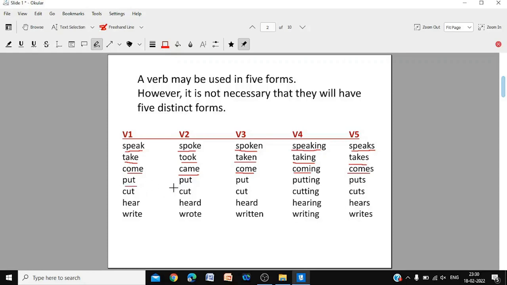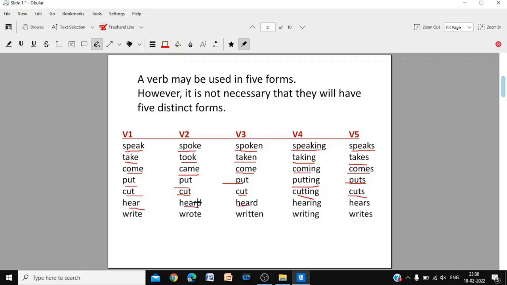Put, put, put. V1, V2, V3. Similarly, cut, cut, cut. All the forms are identical. It has 5 forms, but V1, V2, V3 are not distinct forms. Then we have the ing forms, putting or cutting, and of course puts or cuts, the root verb with a terminal S. Similarly, we have hear, heard, heard.